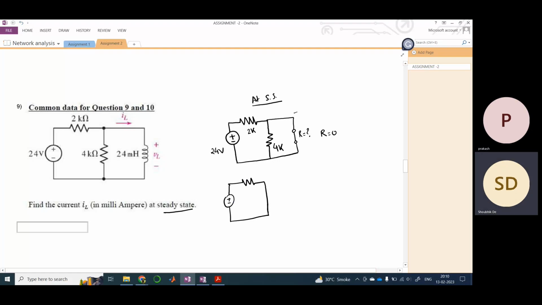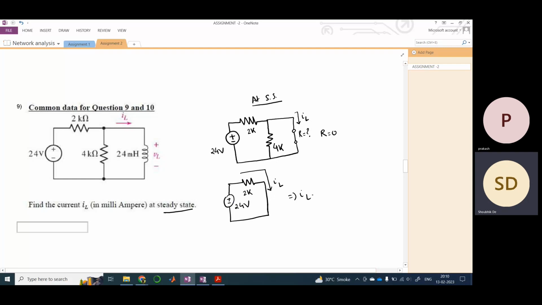They have asked for the current flowing at steady state. This is nothing but the current flowing through the inductance, IL. Since this is shorted, this 4K is nullified, and therefore the current flowing through the whole circuit is nothing but IL. Pretty simple. So this would be 2K, this would be 24 volt.